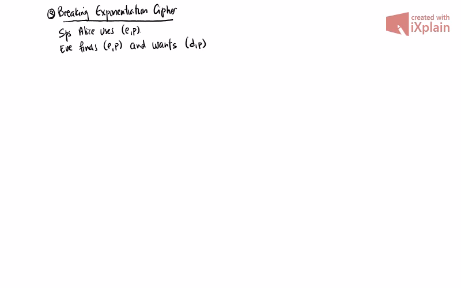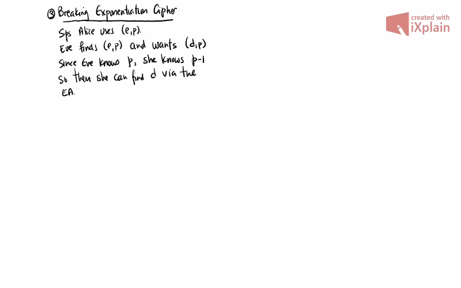So in this case, since Eve knows P, she knows P minus 1, presumably. She can subtract 1. So then she can find D via the Euclidean algorithm.